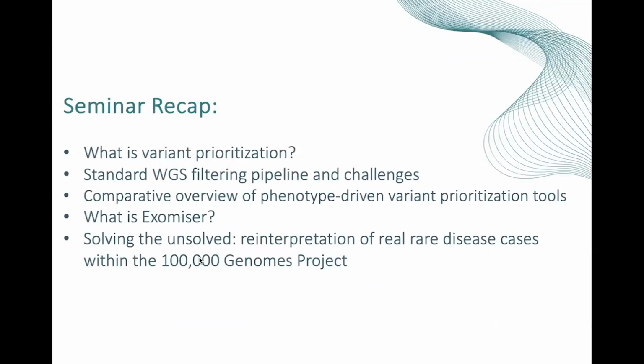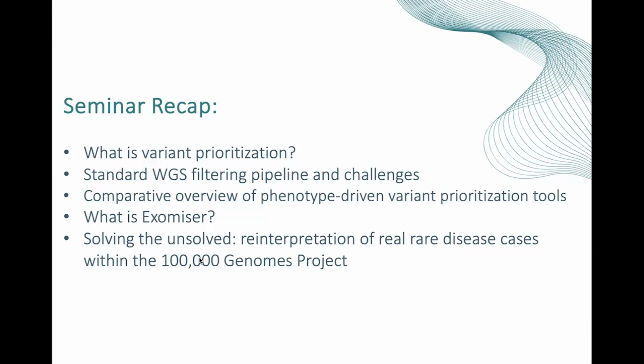So to wrap up today's seminar, we have explored the crucial and often complex process of variant prioritization. We explored the standard whole genome sequencing filtering pipeline for rare diseases and its associated challenges. We then saw a comparative overview of different phenotype-driven variant prioritization tools, highlighting their differences in capabilities and limitations.